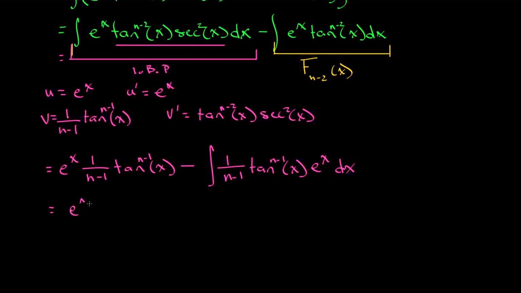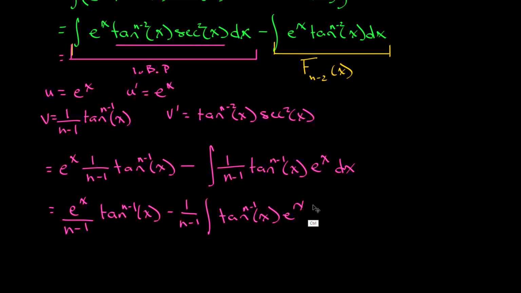We have e to the x times, we'll just put this under e to the x. So e to the x over n minus 1 times tangent of x to the n minus 1 power. And then we said we're going to take out this 1 over n minus 1. So we have minus 1 over n minus 1 times the indefinite integral of tangent of x to the n minus 1 power times e to the x dx.